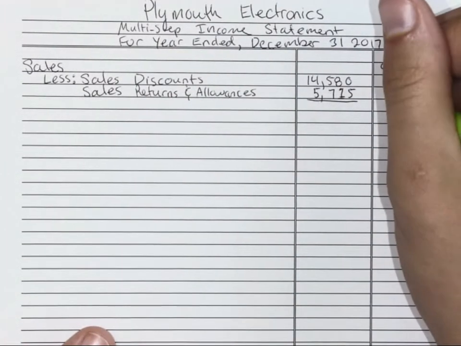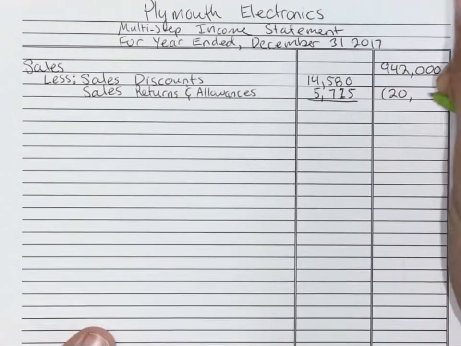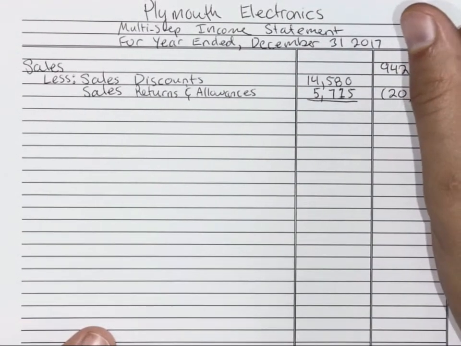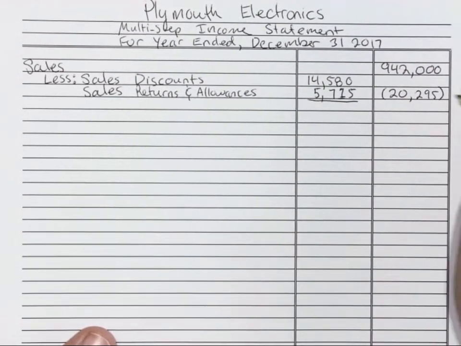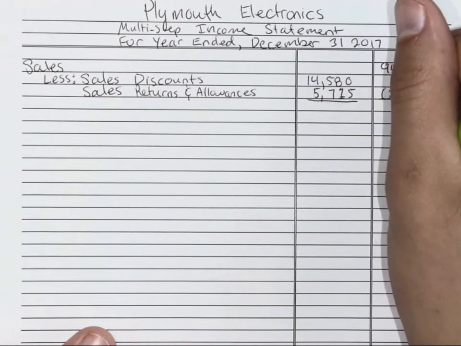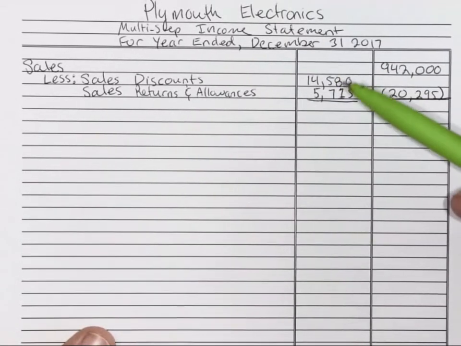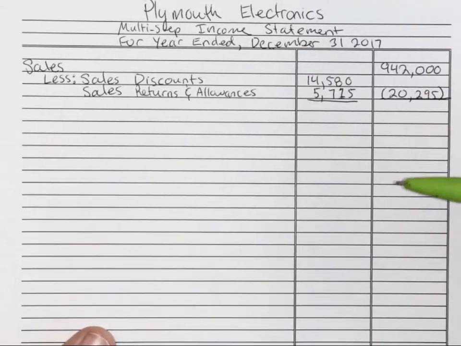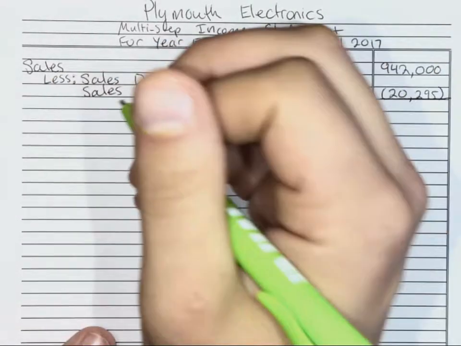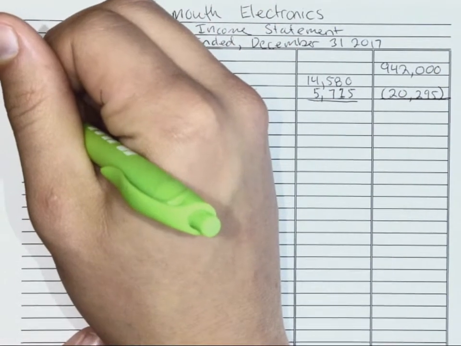So when we add this up, so again, here we have our subtotal column, here we have our total column. So make sure you're using your columns correctly. We get our net sales.